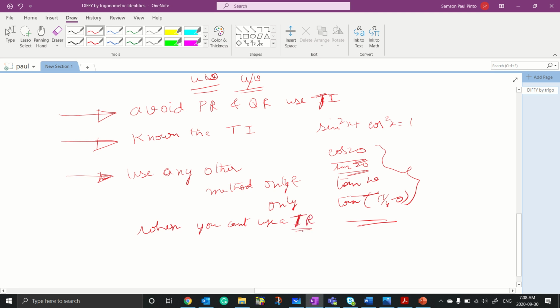Okay, you should use any other method only and only when you can't use any trigonometric identities. But basically, 95% of the times when a trigonometric formula is given, it is normally just a reduction into a simpler identity and solution.